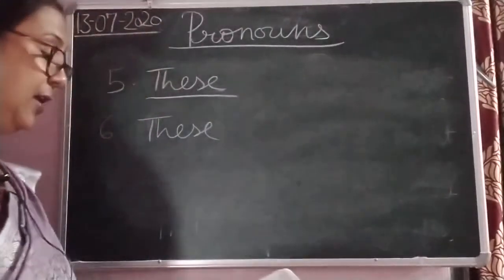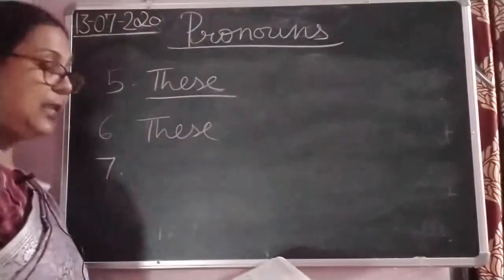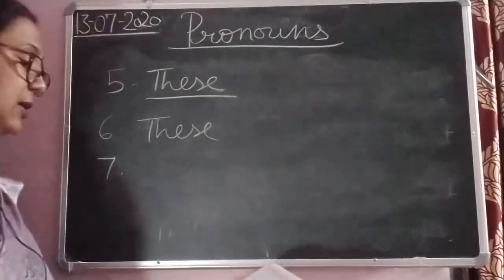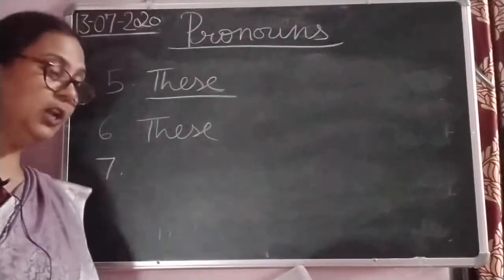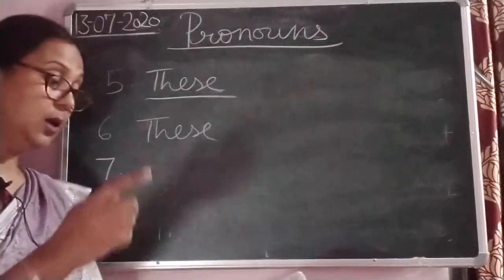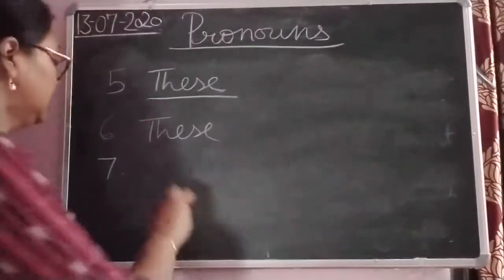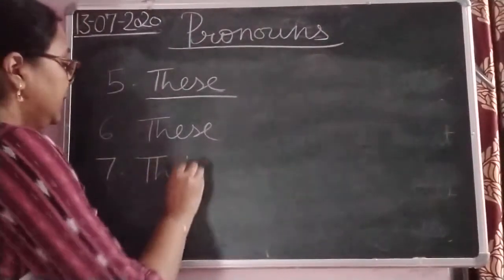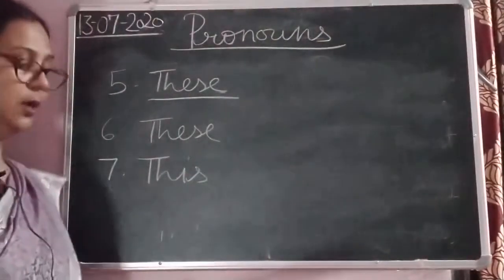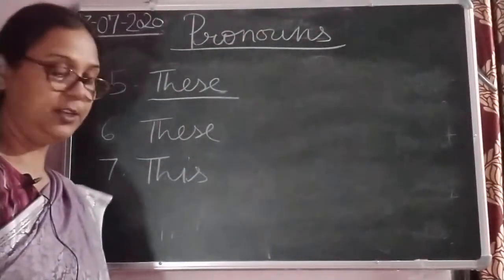Again in 7 number exercise, dash is the route which needs to be avoided. This is the route. This is the route which needs to be avoided.